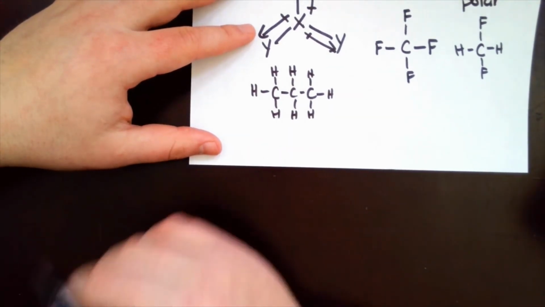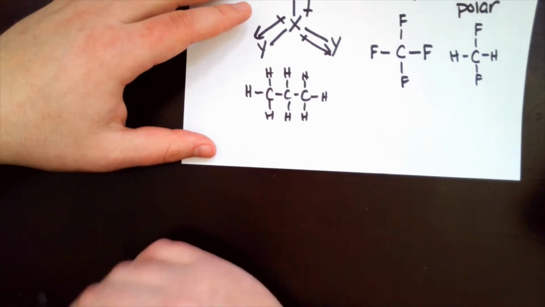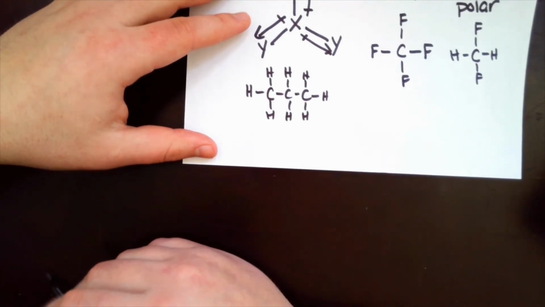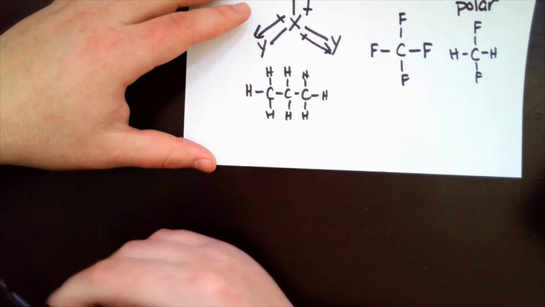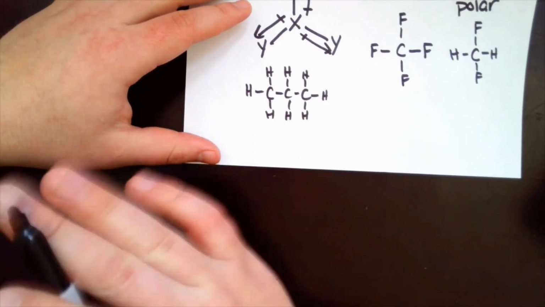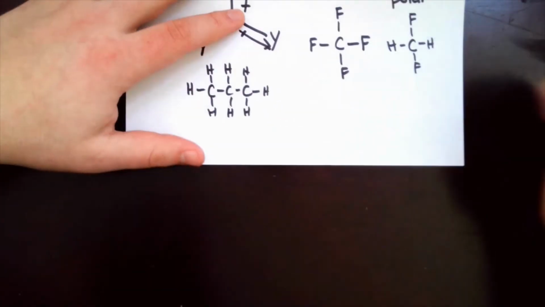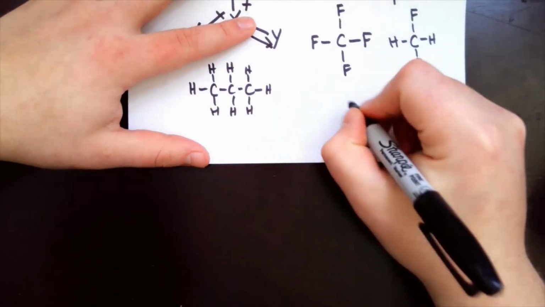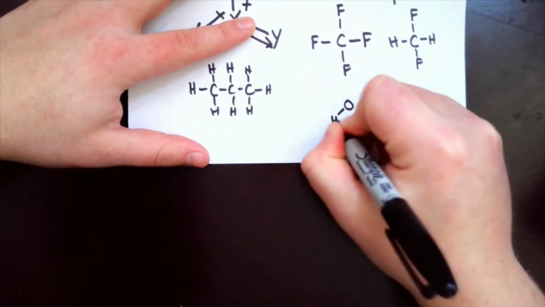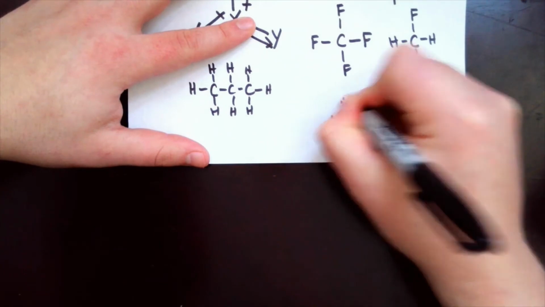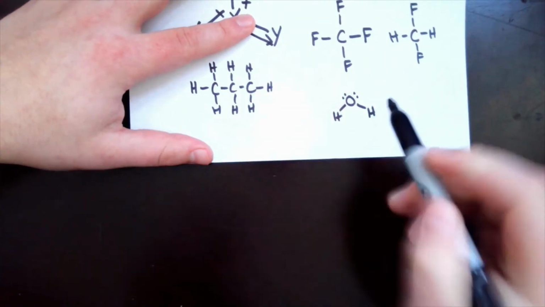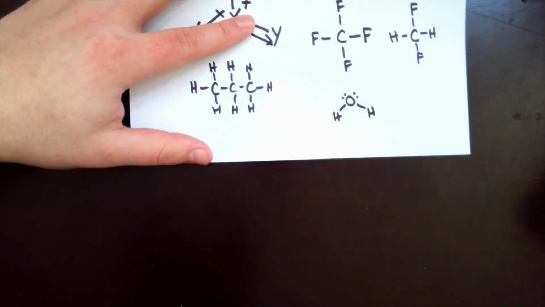Now, talking about lone pairs. The only thing that can cancel out a lone pair is another lone pair on the exact opposite side of the molecule. My apologies. So what do I mean by that? Well, let's look at water. Water, if you recall, I said is bent. So that means that these electrons are on the same side of the molecule here.